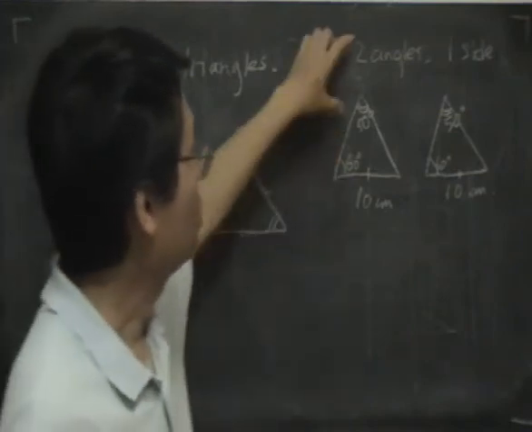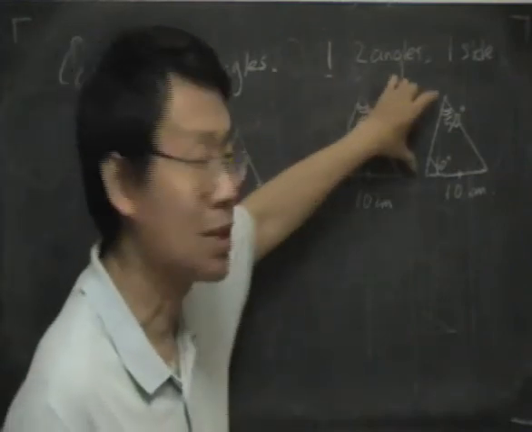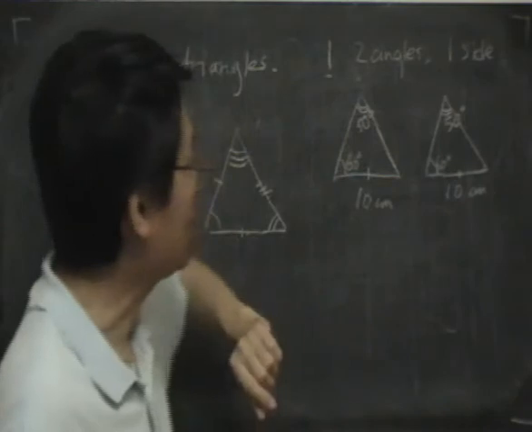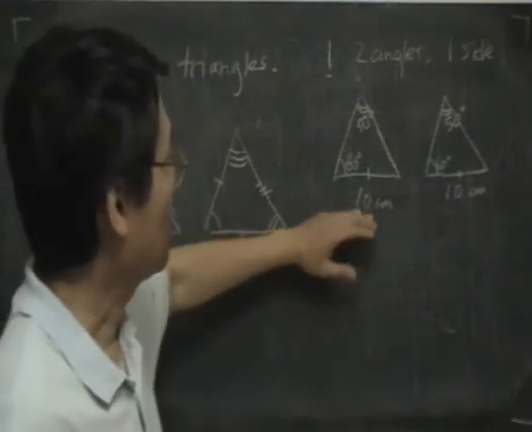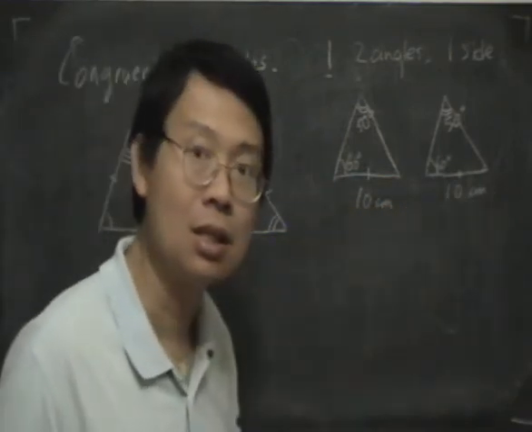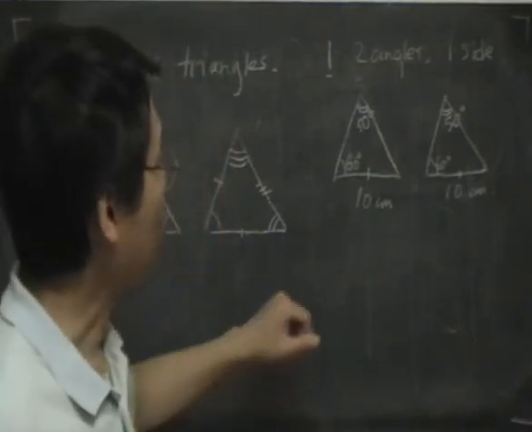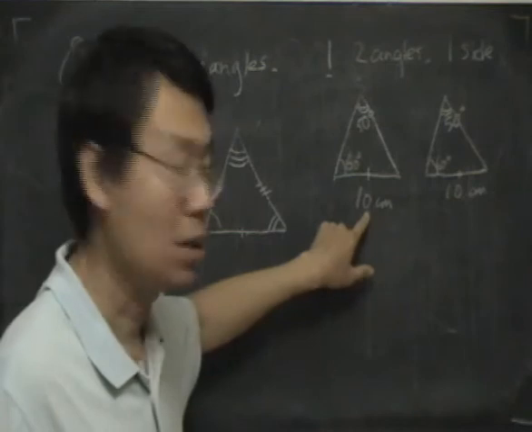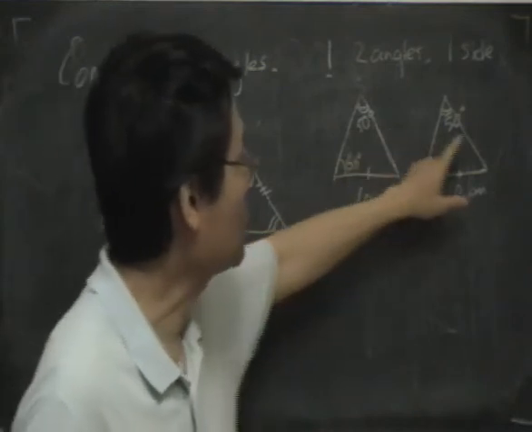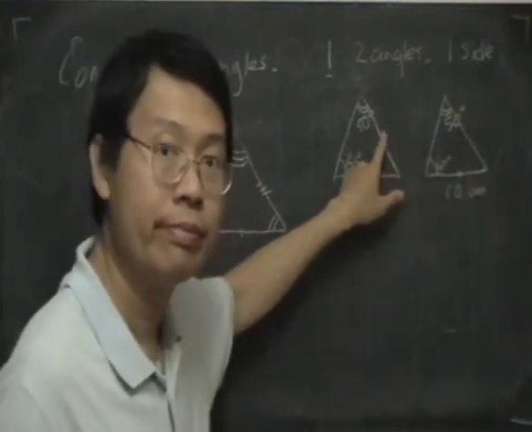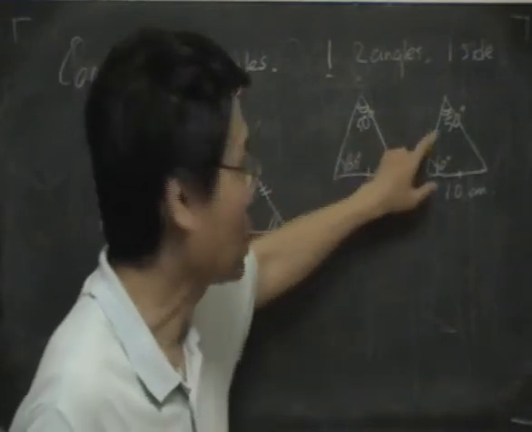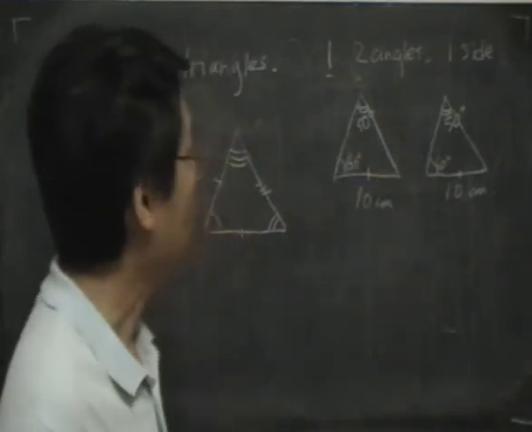If you know that 2 of the angles in one triangle are the same as 2 of the angles in the other triangle, and that a corresponding side is the same, then the 2 triangles are congruent. So for example, it doesn't have to be this side. I can have those two sides the same, or these two sides the same. Alright?